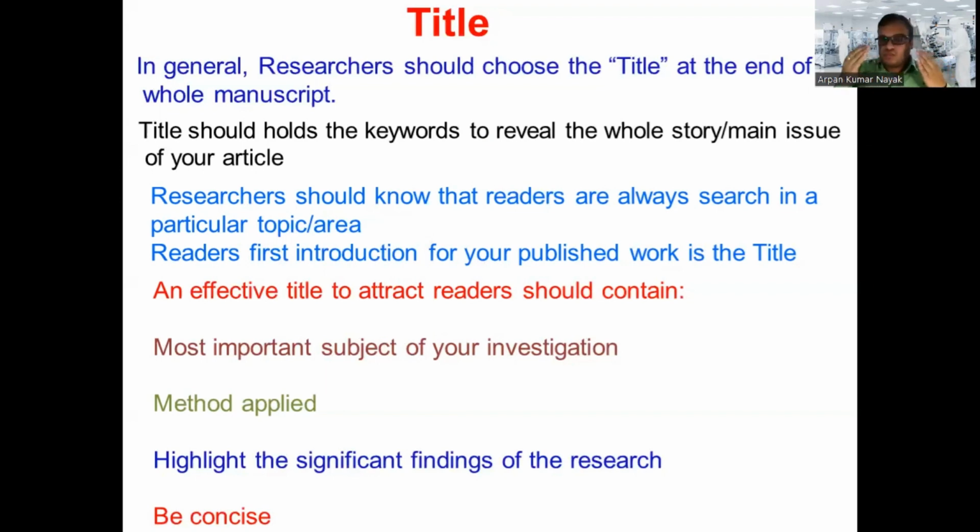So first of all, we have to take a few keywords for the subject of the investigation, so that when a new researcher or a beginner starts to look for your published article, they will type the subject and your article also comes up. The next, what method you followed for your investigation should be mentioned, so that new researchers who find that this method is available will type that subject with the method, and then your article will come.